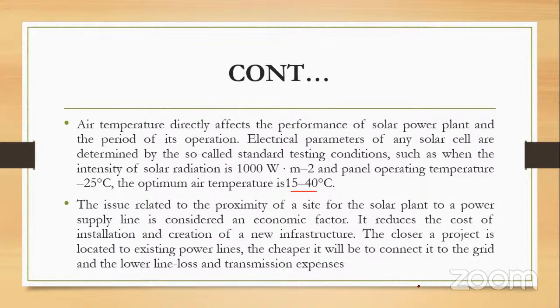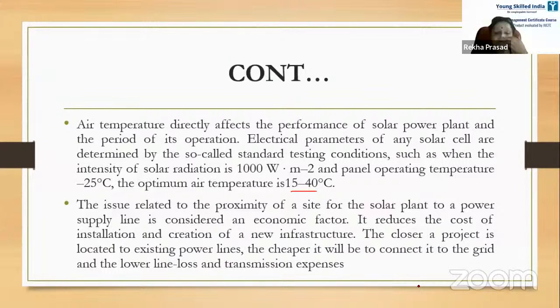The closer a project is located to existing power lines, the cheaper it will be to connect it to the grid, and the lower the line loss and transmission expenses. Also, if it is near where transmission lines are passing, it will be cheaper and also viable. Easily you can transmit your energy through these transmission lines to wherever it is required.